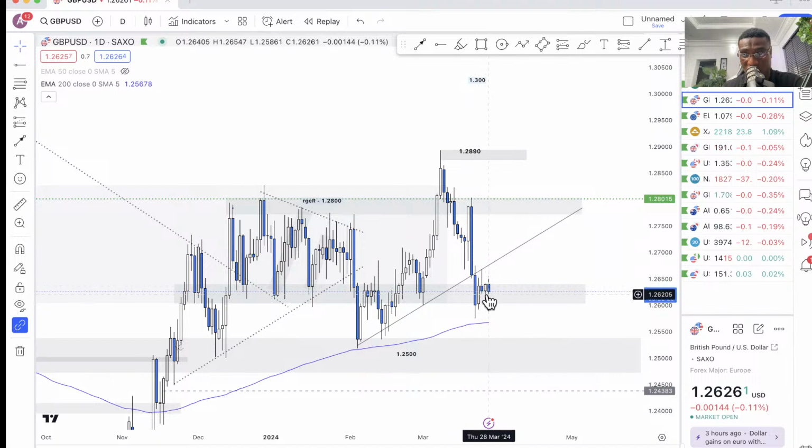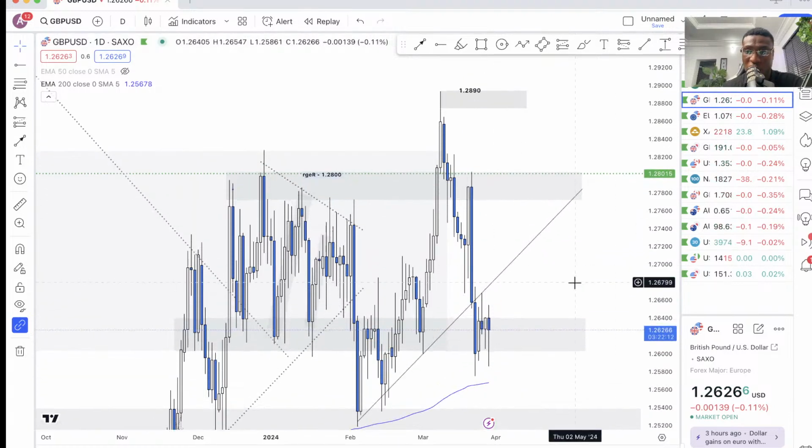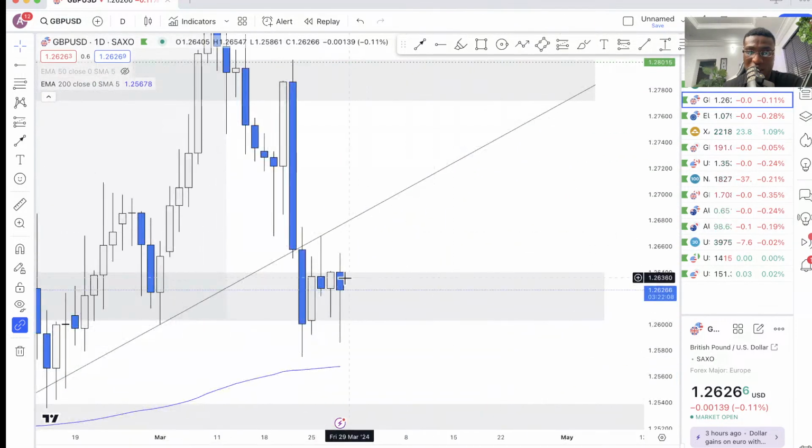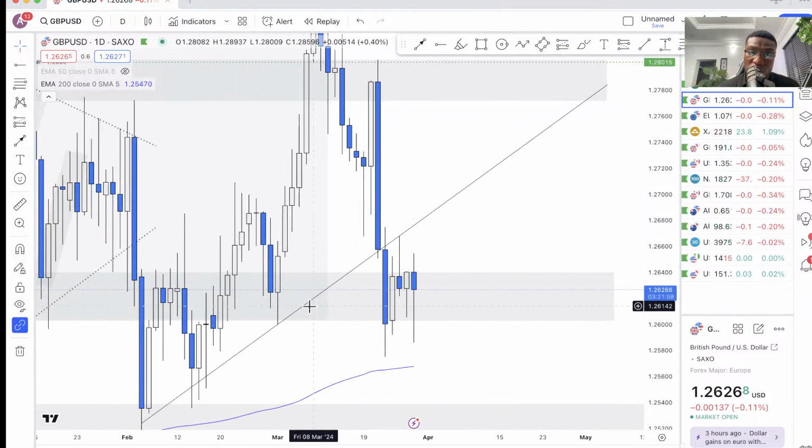The market couldn't sustain that break, made a retest at the trend line support and started to push back down. But because we're looking at a key level right here, guys, we're not just going to see a retest and push back down, boom, boom, boom, just like that, except we have a major news event. The market is going to react to this key level, which it is doing right now.